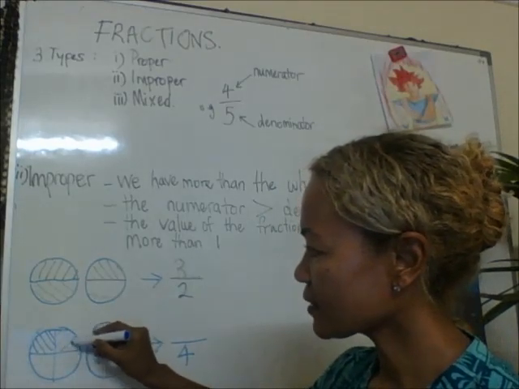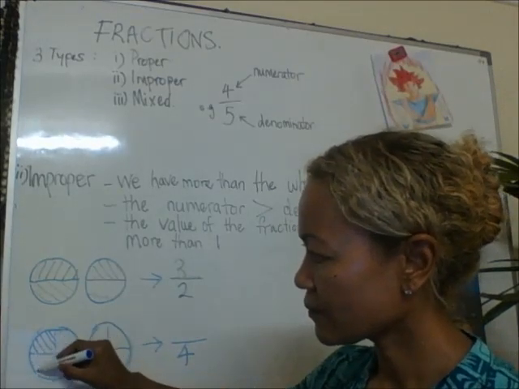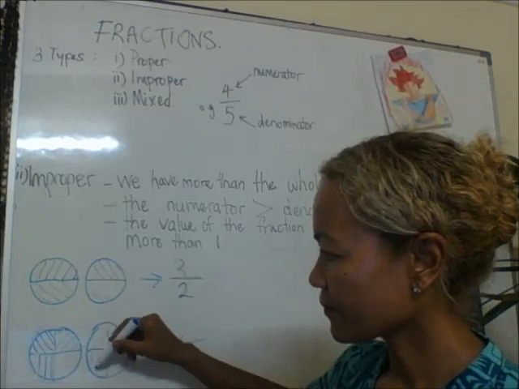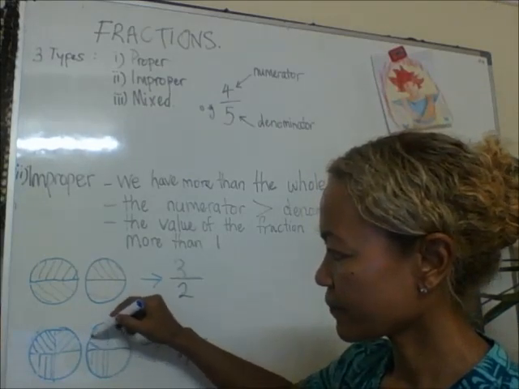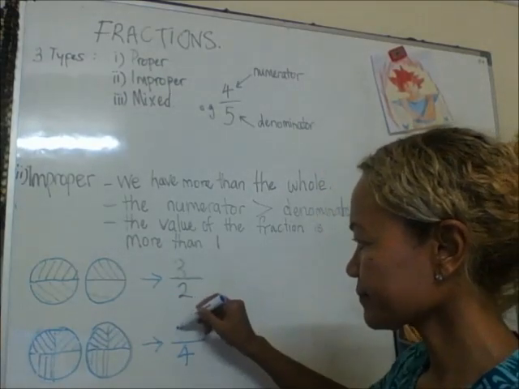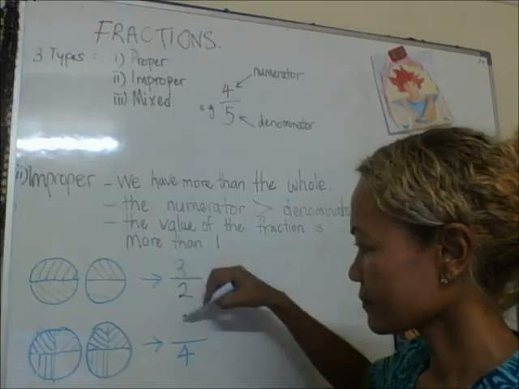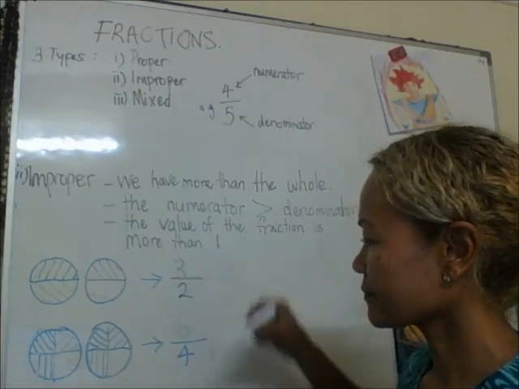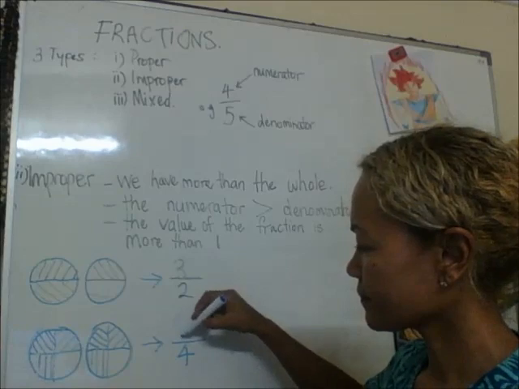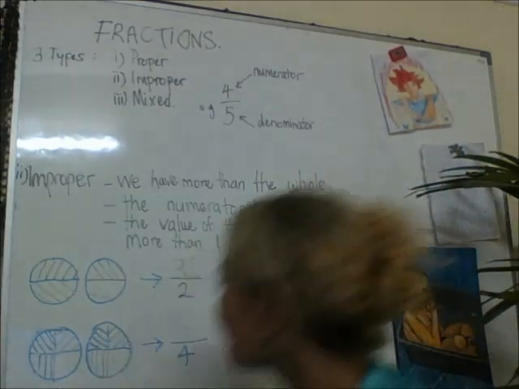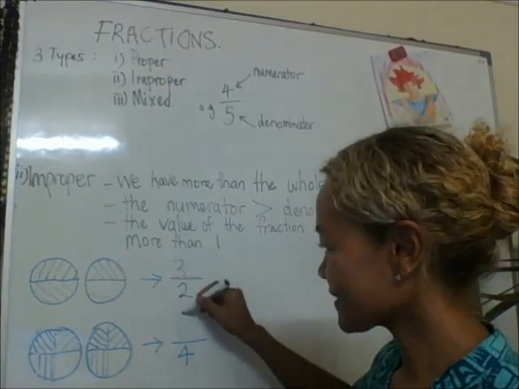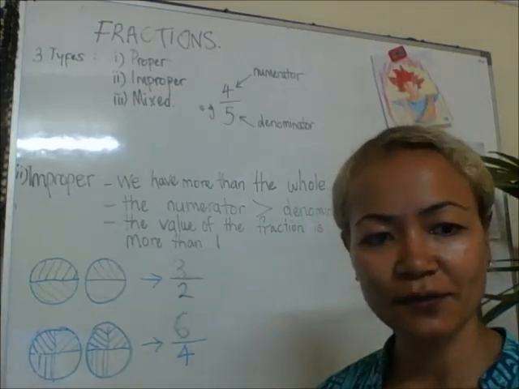So 1, 2, 3, 4, 5, 6. 6 over 4. Whiteboard markers are beginning to slip and slide. 6 over 4.